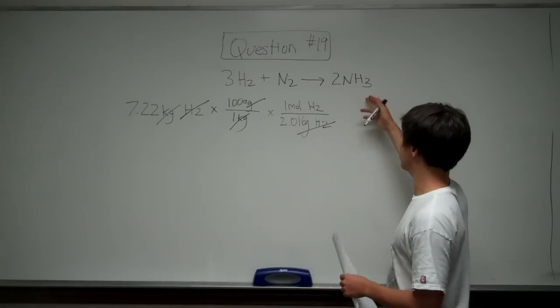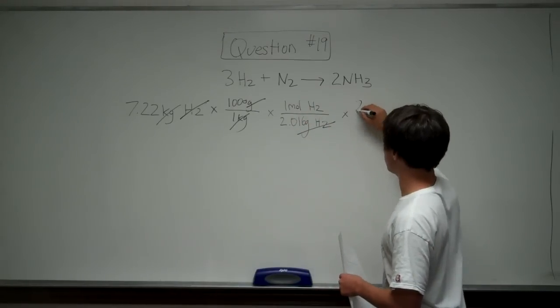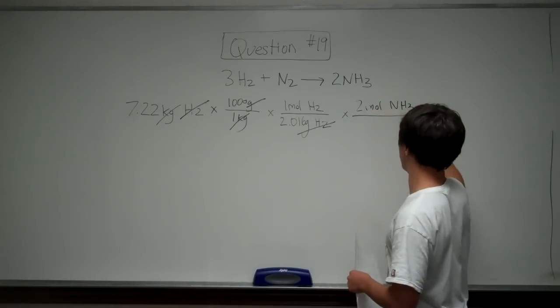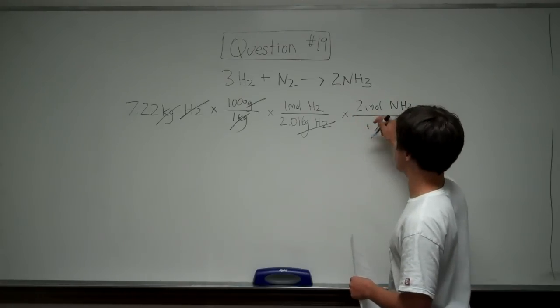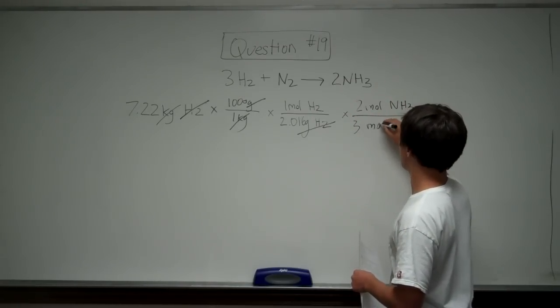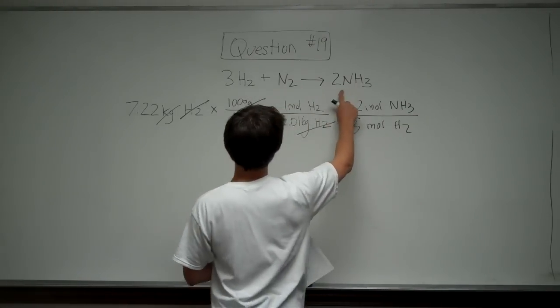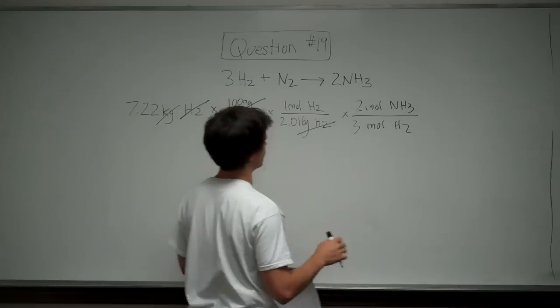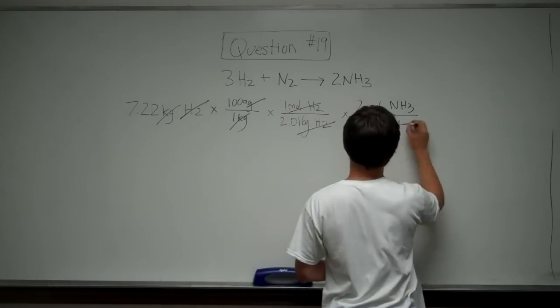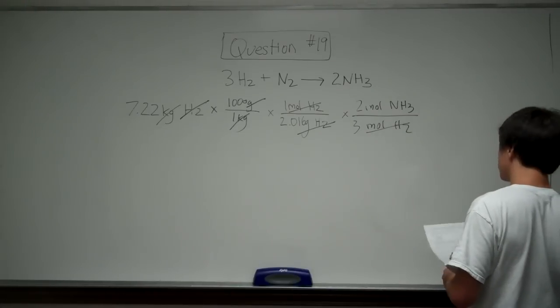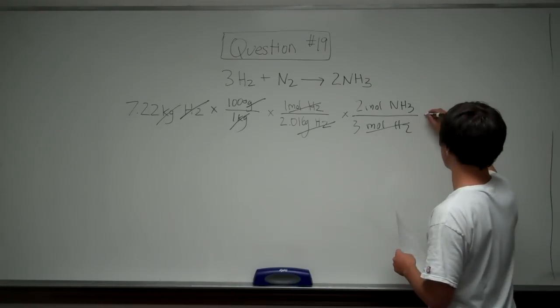Now you can convert this to moles of ammonia: 2 moles of ammonia for every 3 moles of hydrogen, which you can just get from the chemical equation. So the moles of hydrogen cancel out.